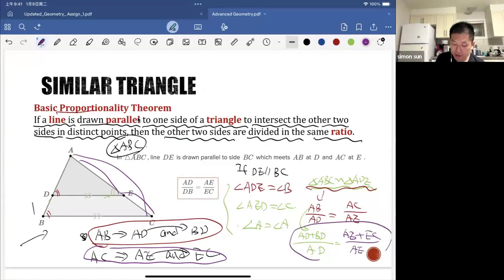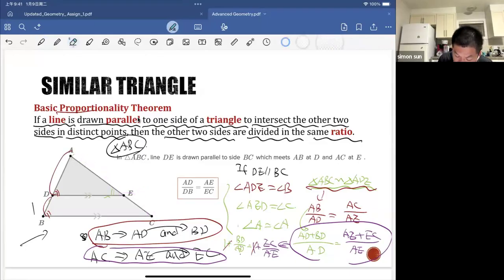And look at these equations. On the left, we get 1 plus BD over AD. On the right, we have 1 plus EC over AE. The 1 and the 1 will cancel. So what we have here is BD over AD is equal to CE over AE, or you can take the reciprocal, it still works.